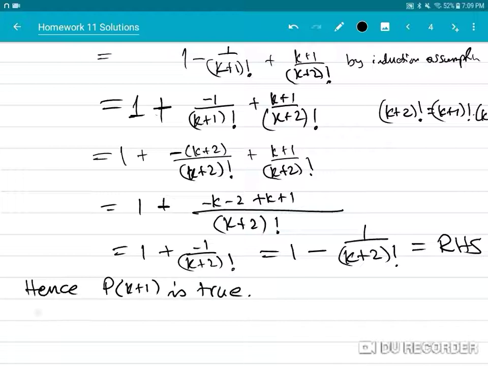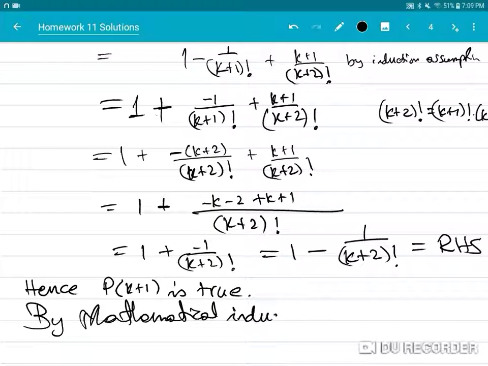Okay, so by induction, the statement P of n is true for all natural numbers n.